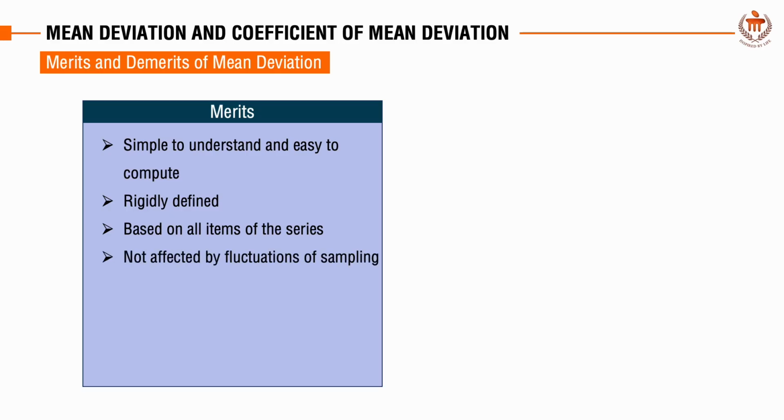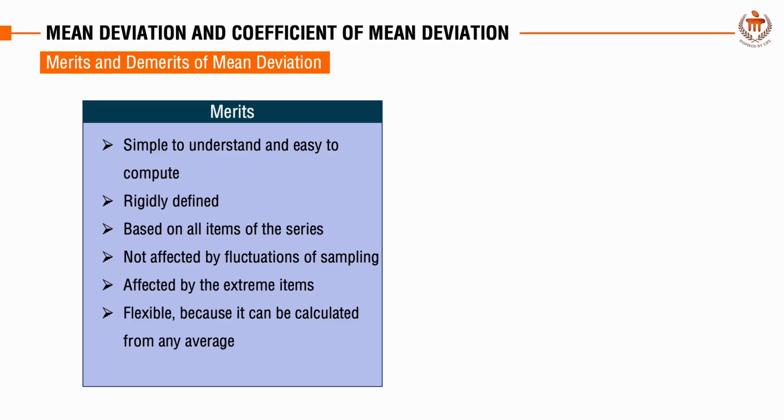It is not affected by the fluctuation of sampling. It is flexible because it can be calculated from any average, as you have seen. We have done many numericals where we calculated the mean deviation by the mean method or median method, and everywhere we could calculate it easily.